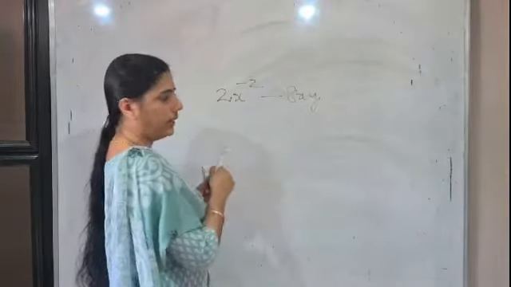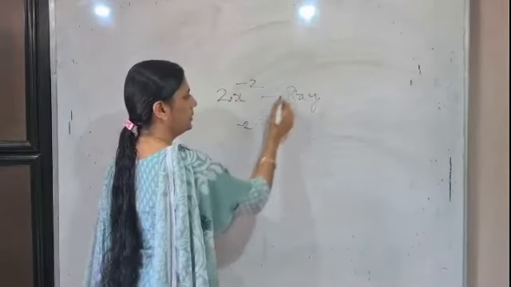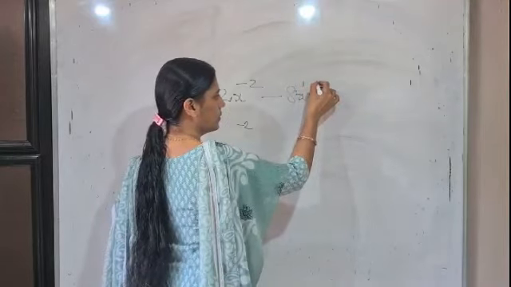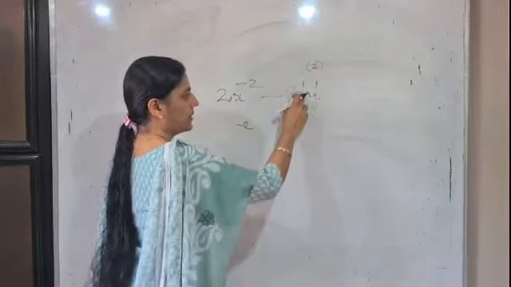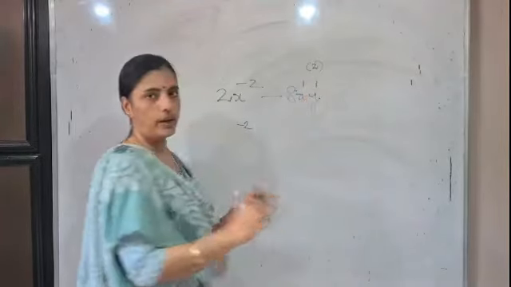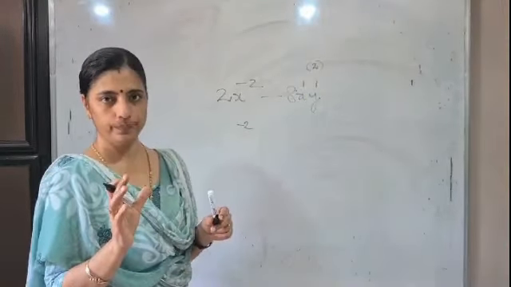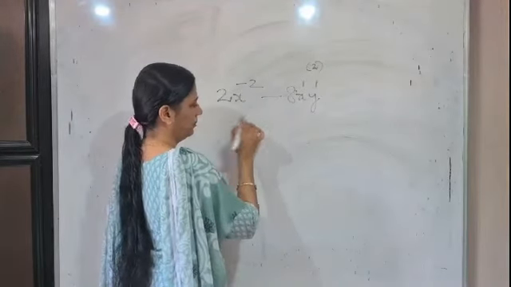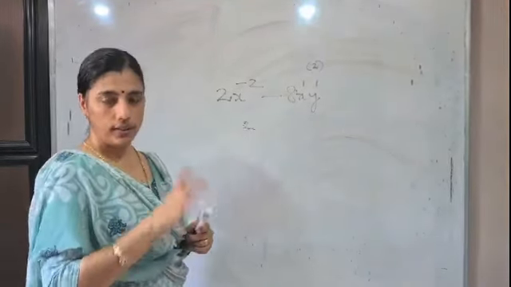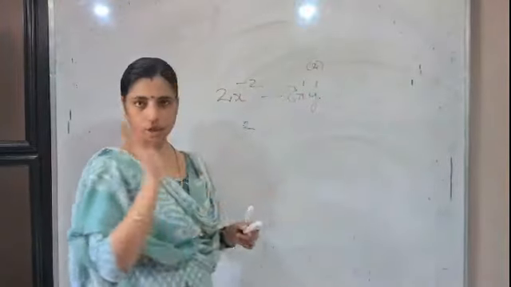Total, what is the degree? That I know. This is negative 2. What is the degree of this? This is 1, x power 1, y power 1. So total power is 2. That means the power of the algebraic expression is 2.